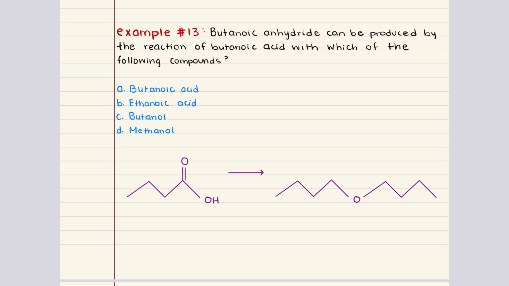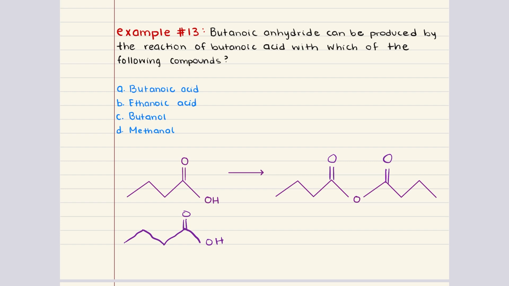Problem 13 says butanoic anhydride can be produced by the reaction of butanoic acid with which of the following compounds? To form an anhydride, we need a reaction between 2 carboxylic acid molecules. In this case, we're going to try to form butanoic anhydride, which specifically requires 2 molecules of butanoic acid.